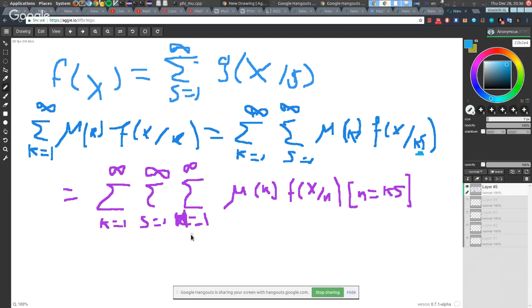So these three summations are independent, so we can move them however we want. We'll take the sum over n outside, from n equal 1 to infinity.